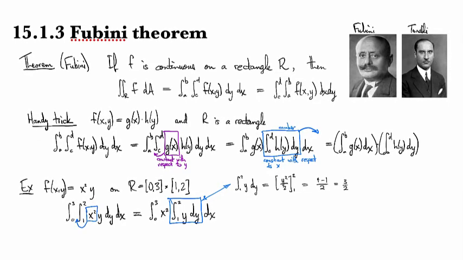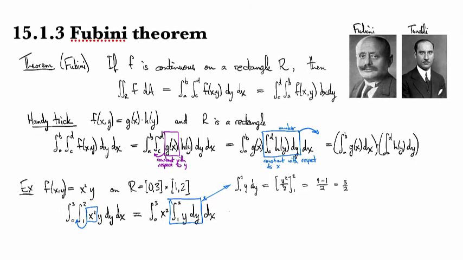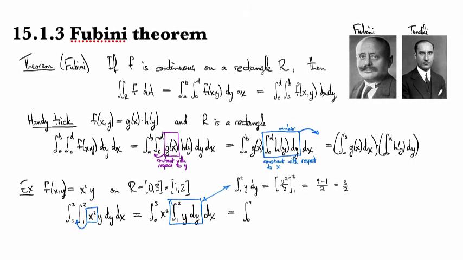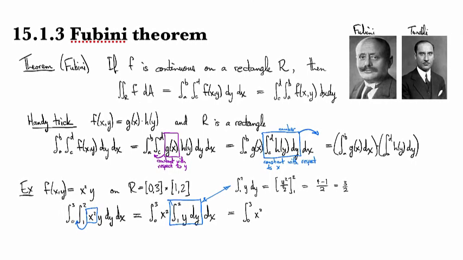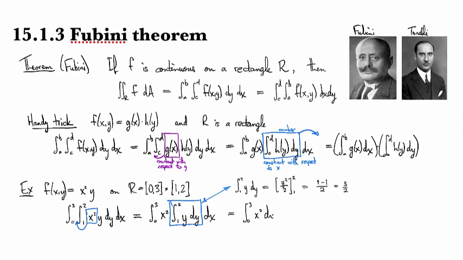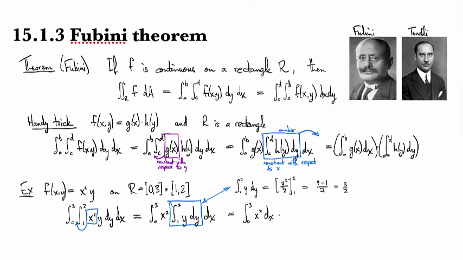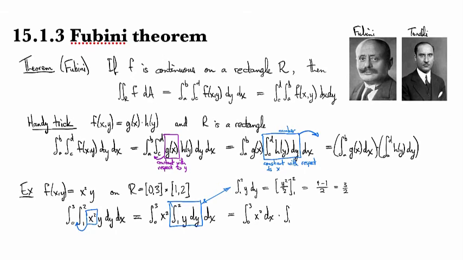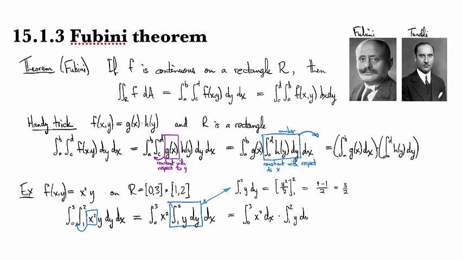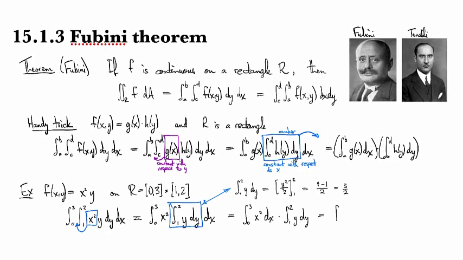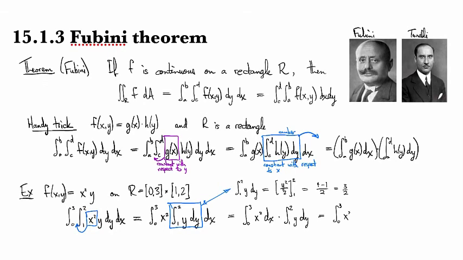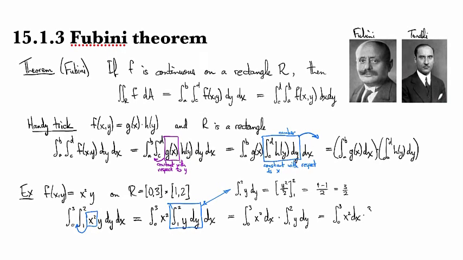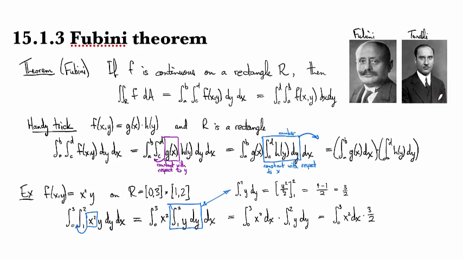So the guy in the blue box is just the number 3 halves. So this is the integral from 0 to 3 of x squared dx times the integral from 1 to 2 of y dy, which is 3 halves by our calculation from right up above.